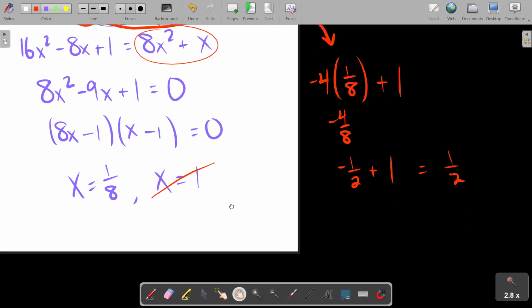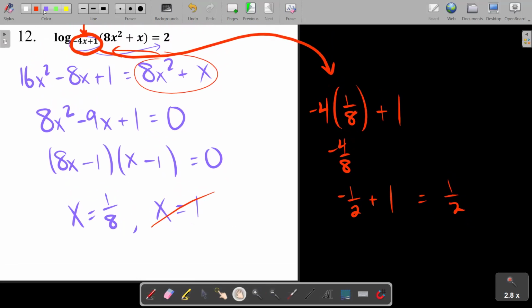And then if you're good with your calculator, you could just type it into this. I'll use green here. The green box is our other concern. And if this is actually going to work, it has to pass the green box test also. So if you are good with typing fractions into your calculator, then ignore the next 20 seconds. If you would prefer to use decimals, just know that 1/8 is equal to 0.125.